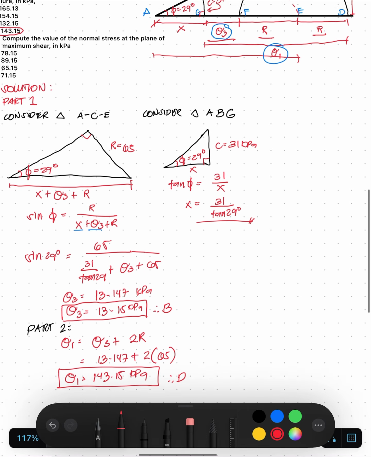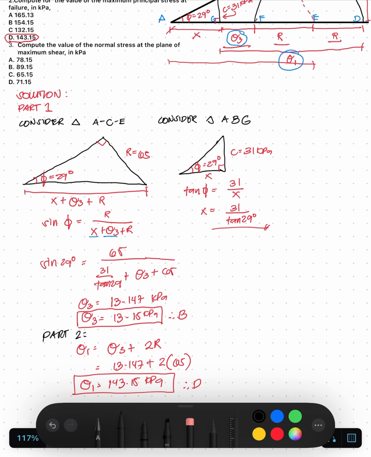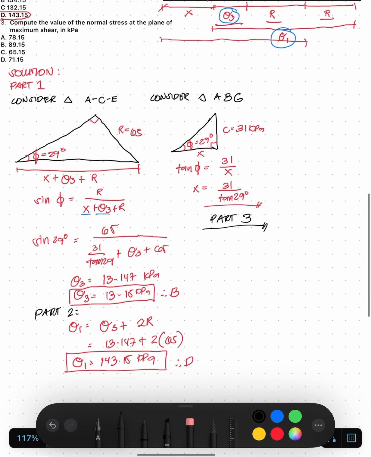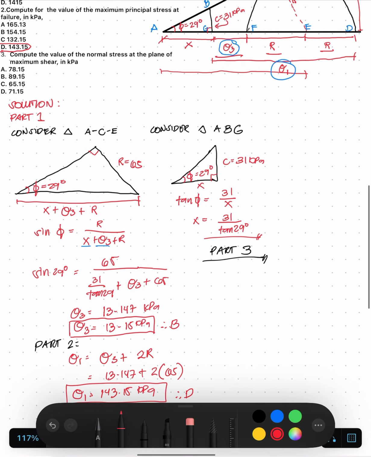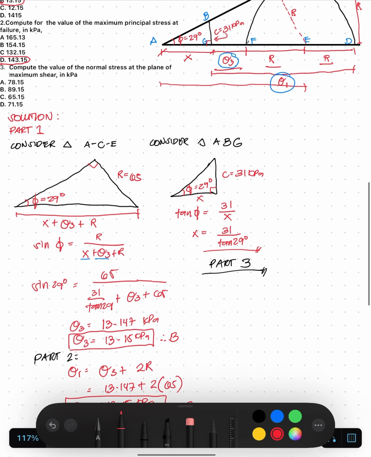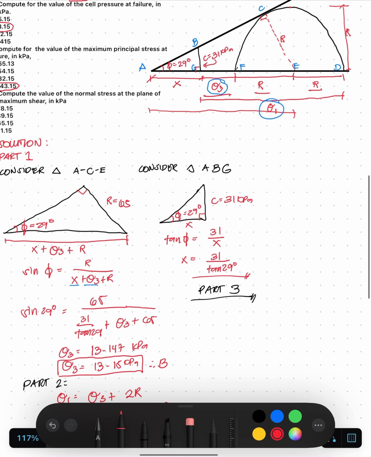Next, for part number 3, the value of normal stress at the plane of maximum shear, that is this one, from here up to the failure plane, or sigma n.